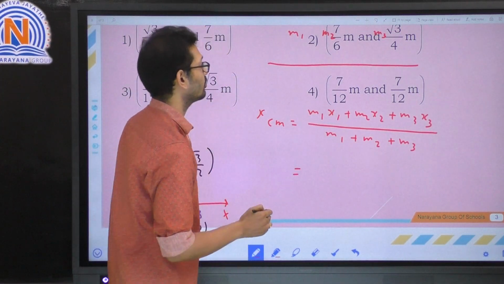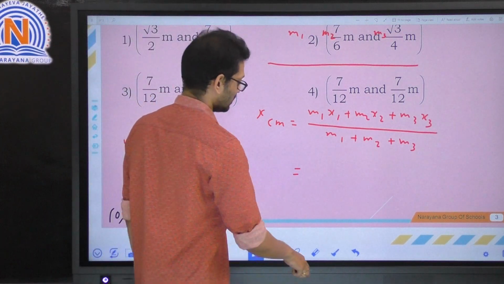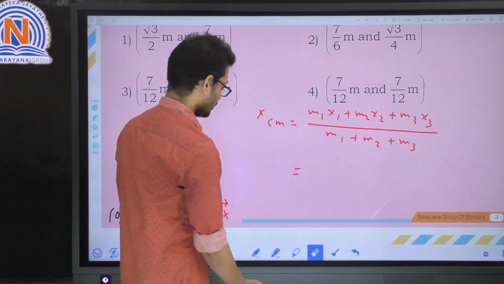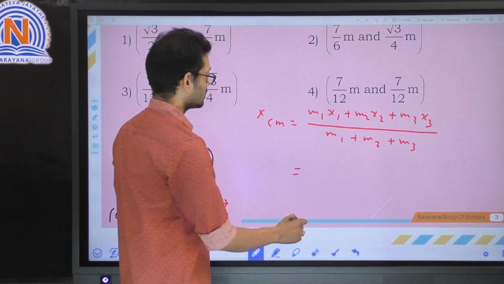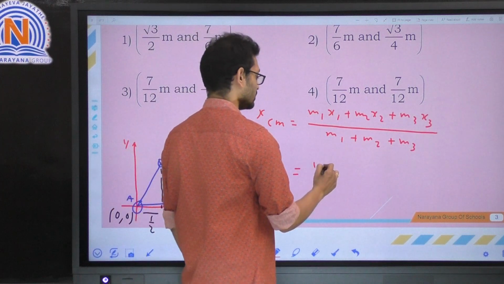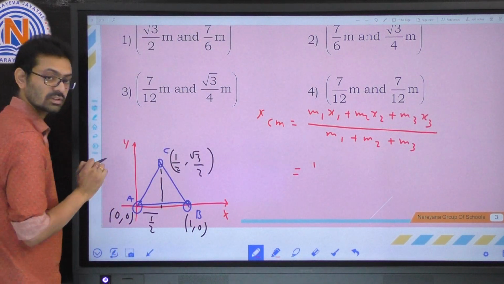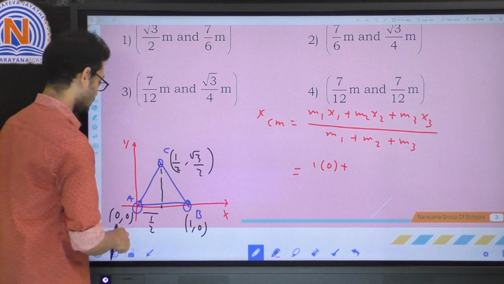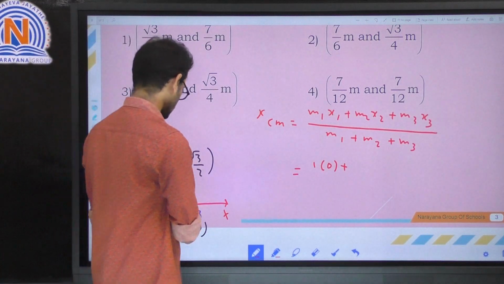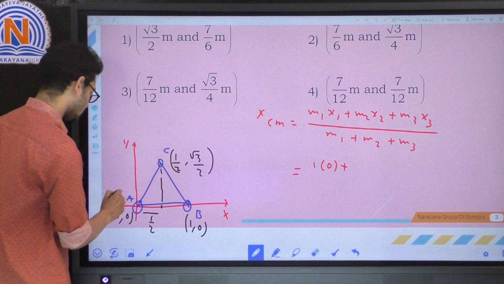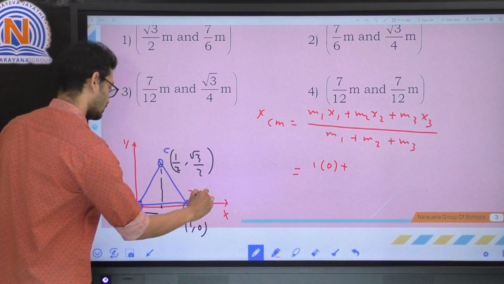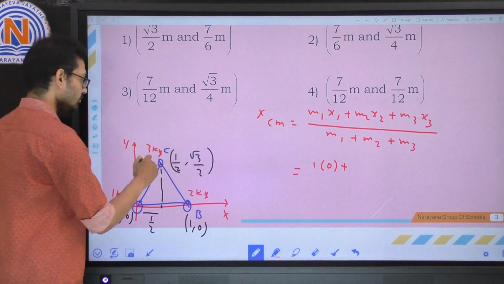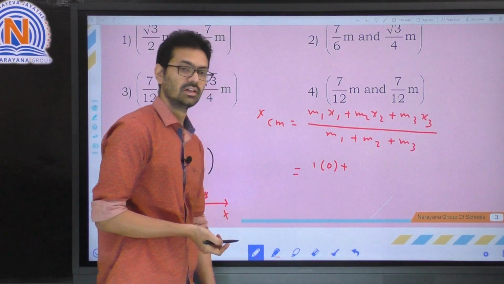Now m1 is 1, and x1 is 0, so you substitute 0, plus m2 is 2, this is 1 kg, this is 2 kg and this is 3 kg. So ABC points, equilateral triangle.